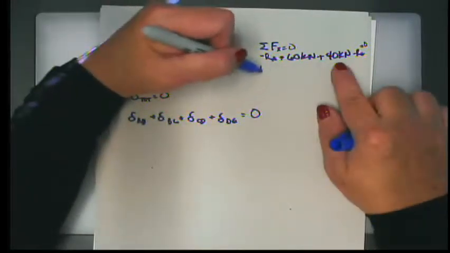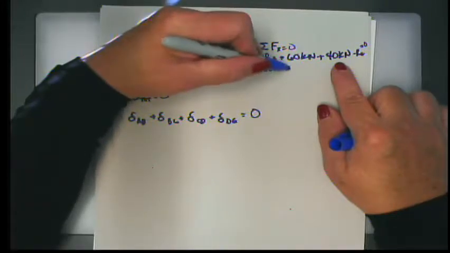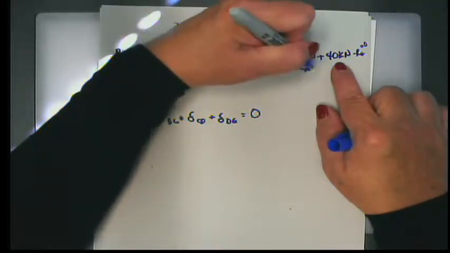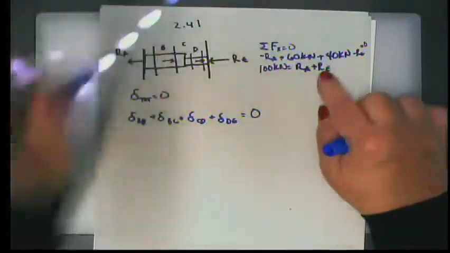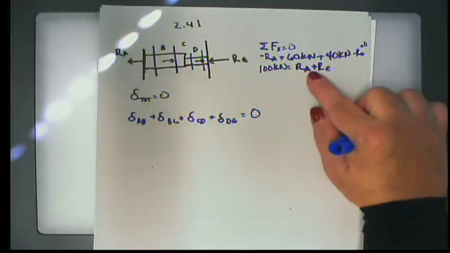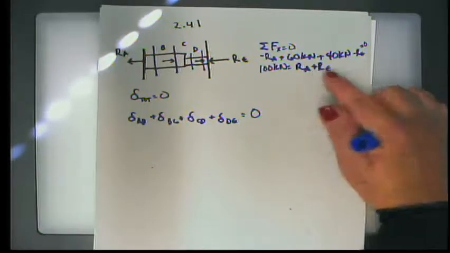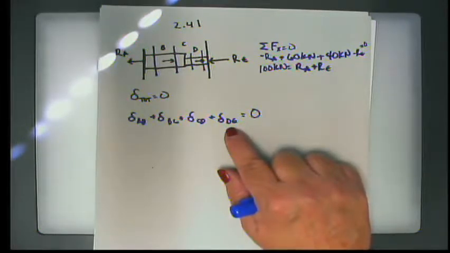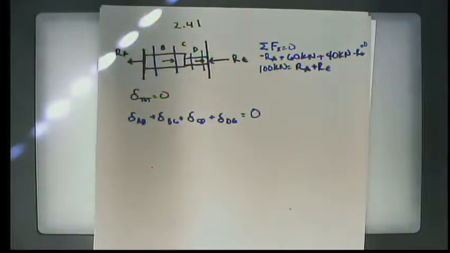So when I add these together, I get 100 kilonewtons equals R sub A plus R sub E. But once again, this is statically indeterminate because I have one equation and 2 unknowns. So I have to use the method of deflections in order to get my second equation.